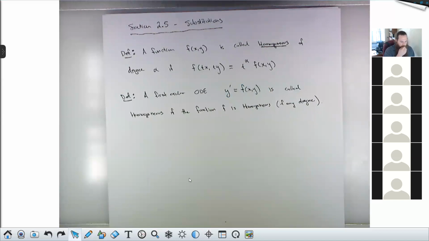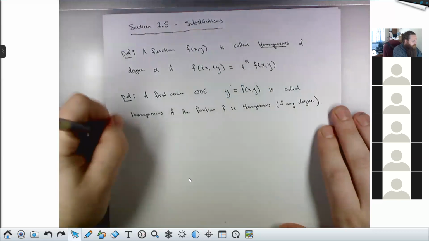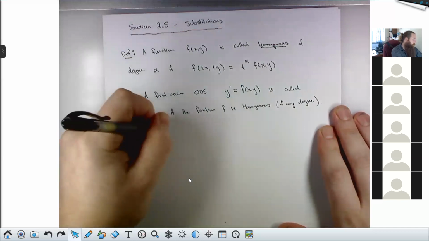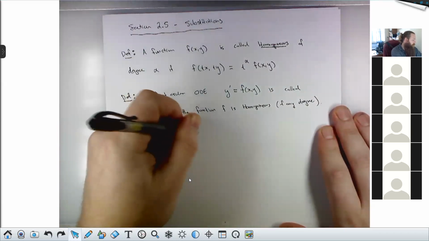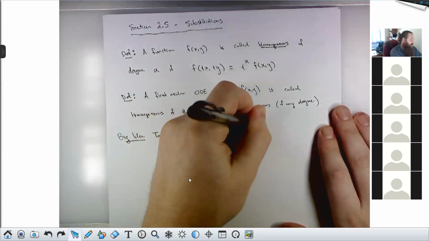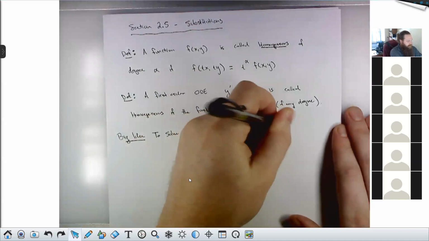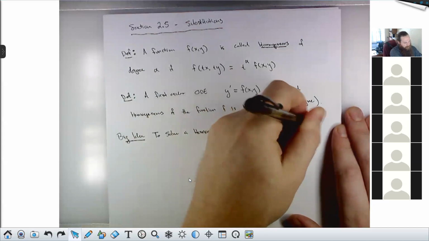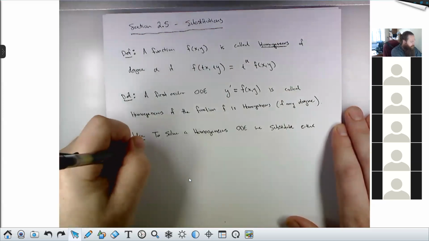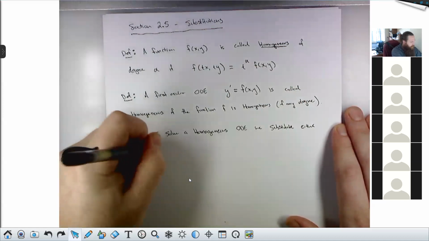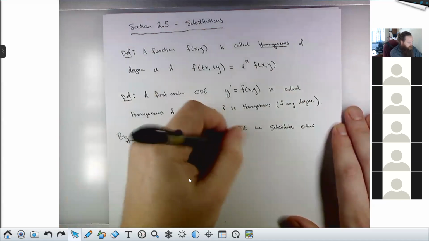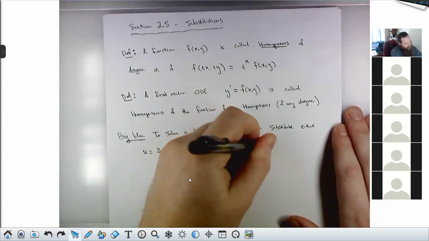So first, what are we going to do? The big idea to solve a homogeneous ODE, we substitute either y equals ux, or the way your book writes it is u equals y over x, or v equals x over y.